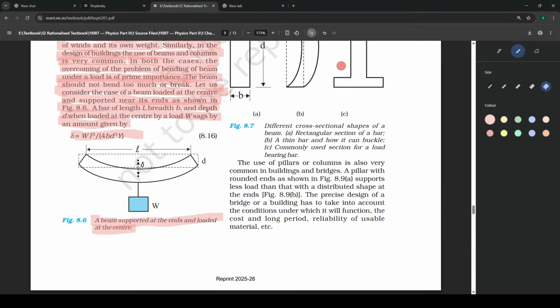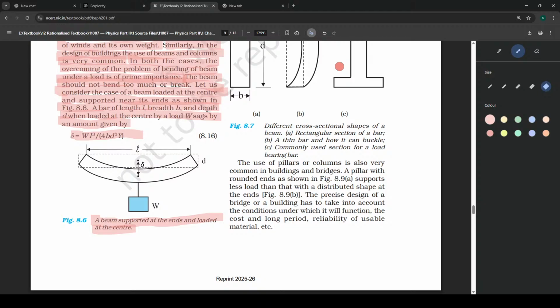We saw the relation here. We saw that delta, the sagging or the bending, is directly proportional to the length cubed. The higher the length, the higher the bending. It is inversely proportional to B, that is breadth, so the higher the breadth of the rod, the lower the bending.